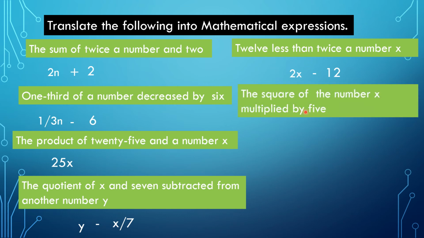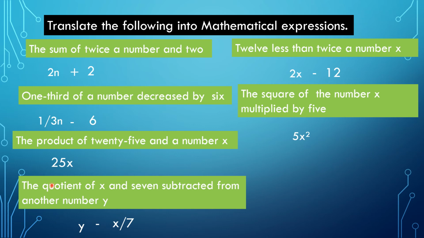Next, the square of the number x multiplied by 5. The square of the number x. So, x squared multiplied by 5. Okay, here, in the square of a number multiplied by 5, the proper way usually to write, especially pag siya ay may number at may variables, ang una nating sinusulat lagi ay ang number, yung constant, bago yung variable.